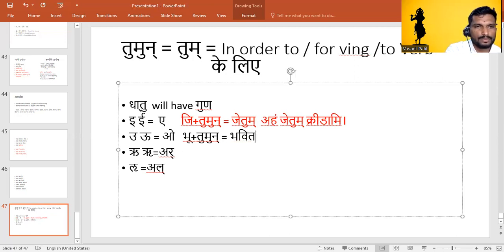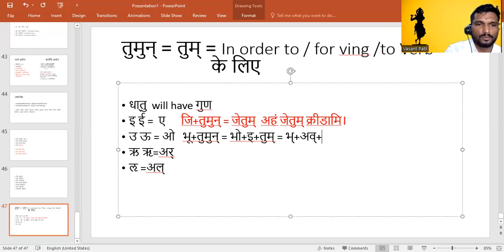How? Again, you know already. U guna is O. Bhu became bho. And since it is set dhatu, i will come and tum. Now you will understand. If O is there, now you see, if this was the old rule we had, E, ai, O will change into aya, ayi, ava, avi. So bho, O is there, it will become bh plus ava.